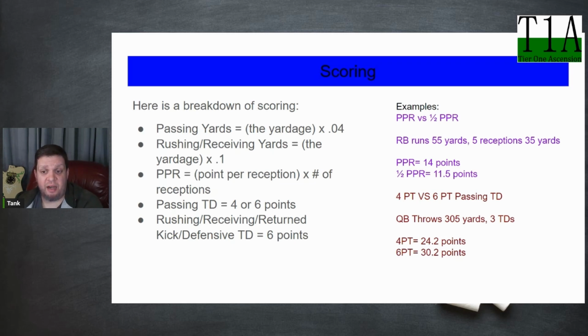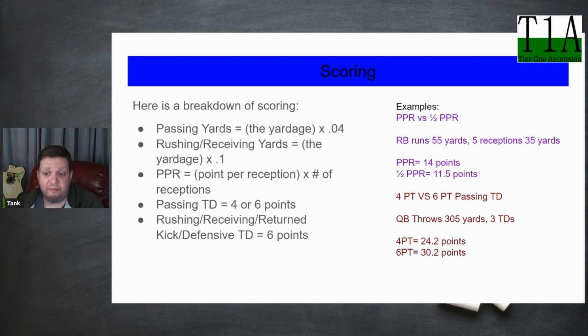So how that's derived is all your yardage is going to get added together. So you have 35 plus 55, and that equals 90. You have your 5 receptions. That's going to be 5 plus 9, 14 points. That's your PPR. Same thing goes for half PPR, except for your 5 is going to be cut in half.